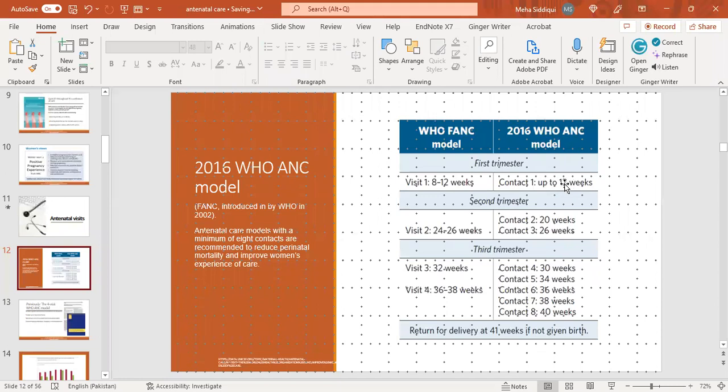In the first trimester, there is a first visit up to 12 weeks, and in the second trimester, there should be 2 visits, at 20 weeks and 26 weeks, and the other 5 visits should be in the third trimester, at 30, 34, 36, 38, and 40 weeks, that is, at a period of every 2 weeks.